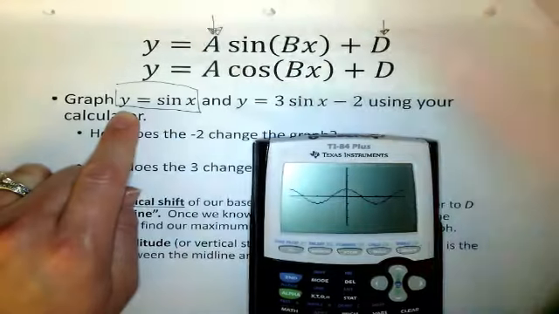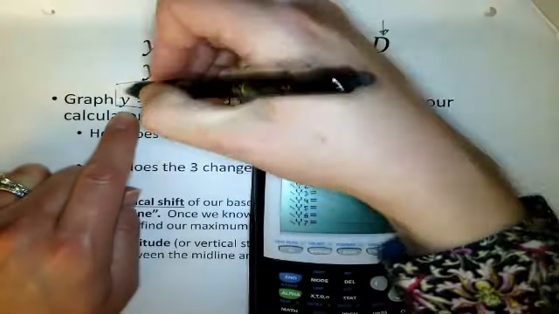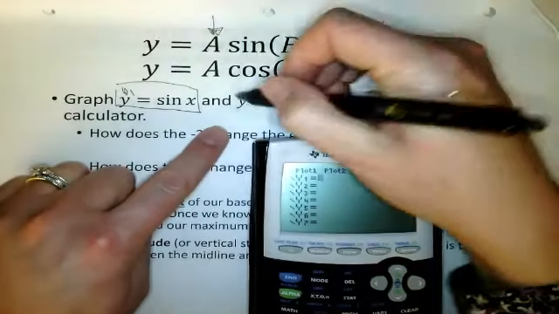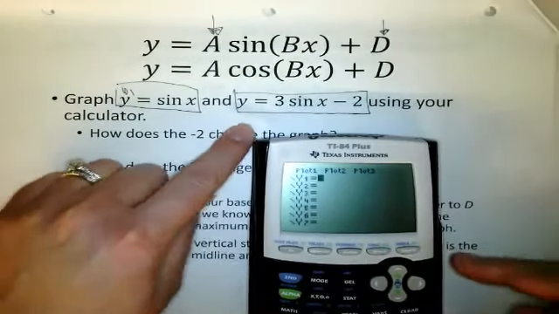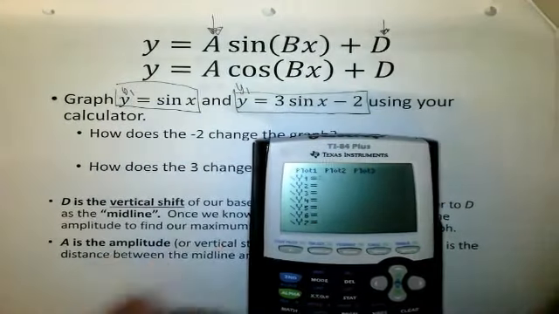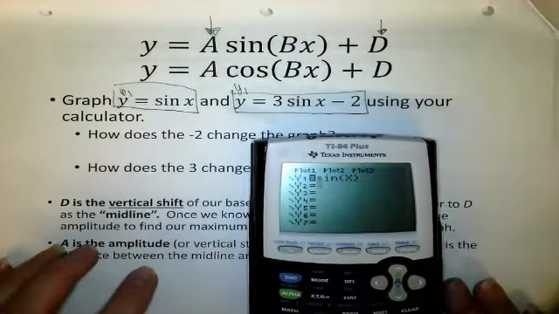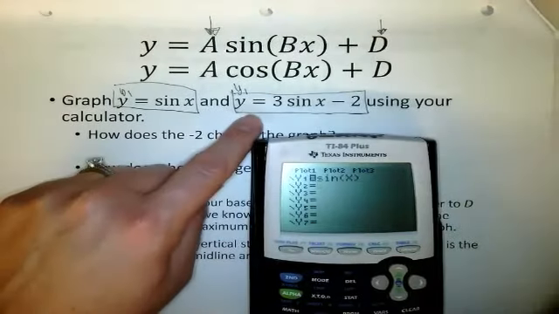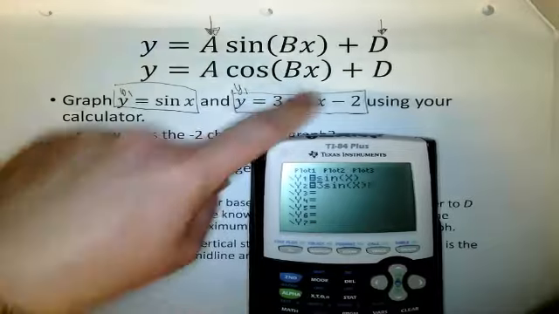So in your calculator, we're going to start. I want you to graph y equals sine of X in y1. And then we want to do 3 sine of X minus 2 in y2. So in y1, we're going to put sine of X. And then in y2, we're going to do 3 times the sine of X, and then subtract 2.